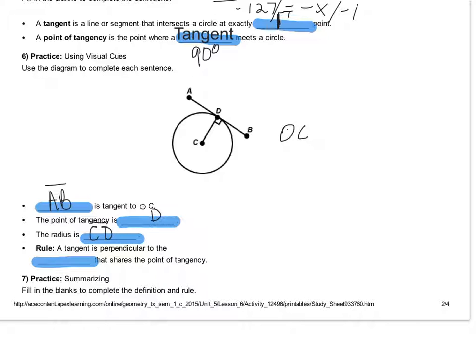A tangent is perpendicular to the radius that shares the point of tangency. That's what goes on this line here. And once again, like I said, that 90 degrees came up again right there. So when you see tangent, think 90 degrees.